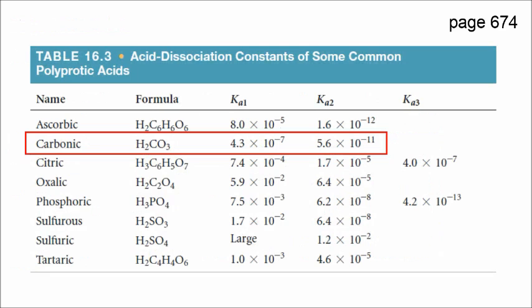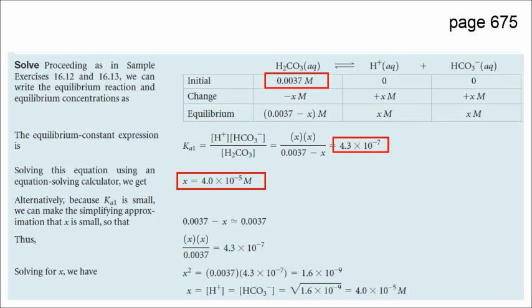We can see on page 674 a variety of polyprotic acids. One of them that I've highlighted here is carbonic acid. And on page 675, they use the Ka1 to calculate the concentration of H+, and they get 4 times 10 to the negative 5.